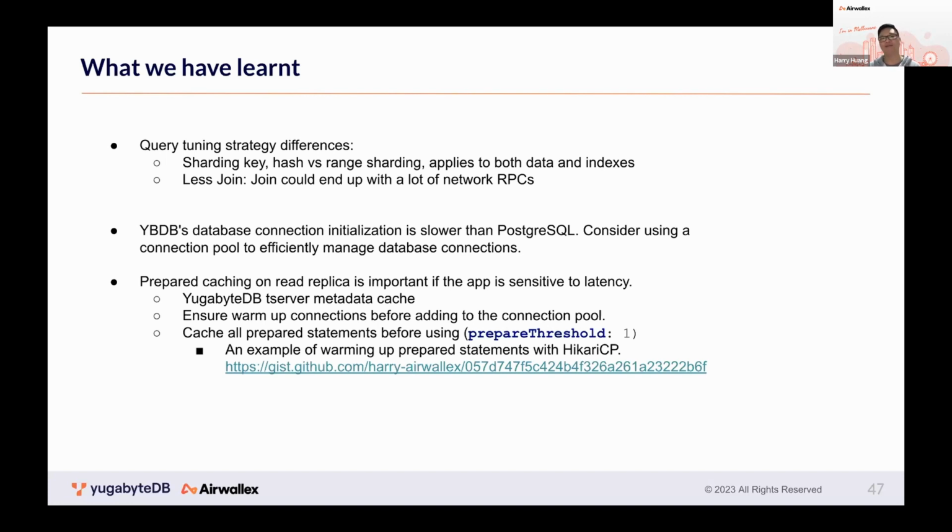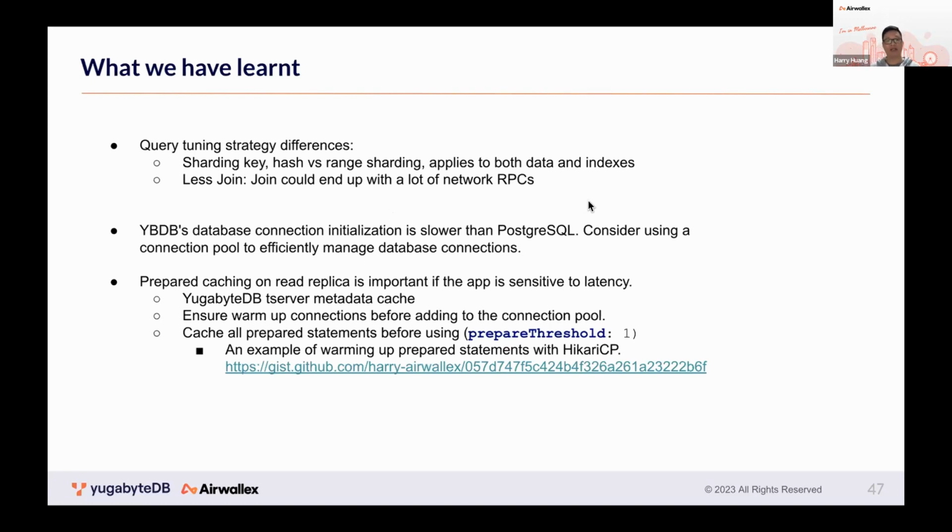So be careful about how you design the query, or change the sharding distribution to make sure it won't be a big problem. Because joining a big table with a small result is fine, but if you want to join two big results from different indexes or different tables, that could be a big performance hit. It will be a lot slower than Postgres, because Postgres can do all those joins in memory.